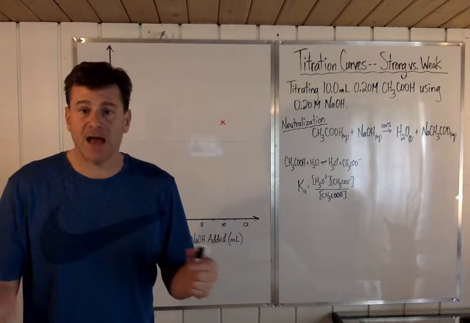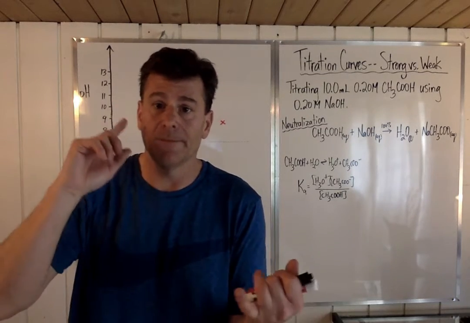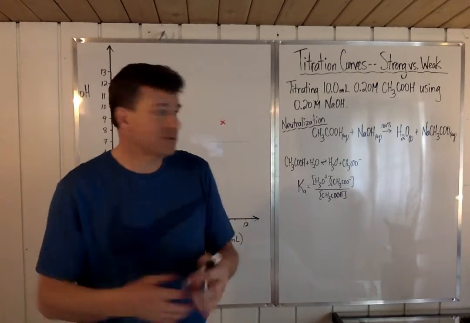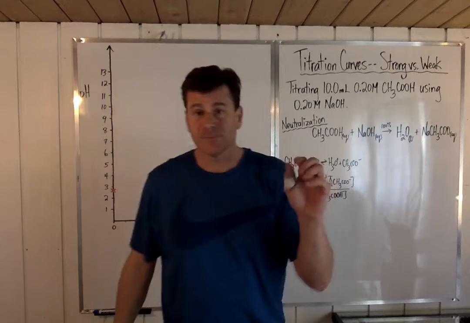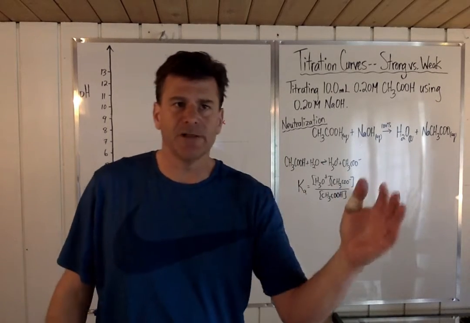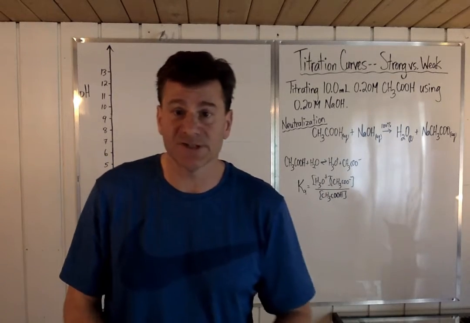So here's some other math that I did. I did the math after the equivalence. So you get to equivalence, you've made this solution. Great. If you keep adding sodium hydroxide, you add another mil of sodium hydroxide, then another mil of sodium hydroxide, I calculated those pHs as well.